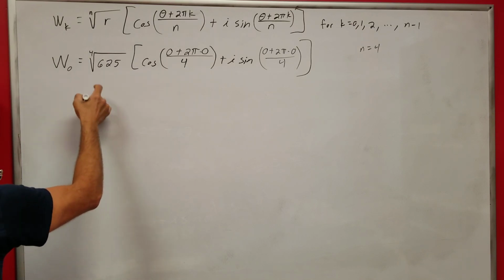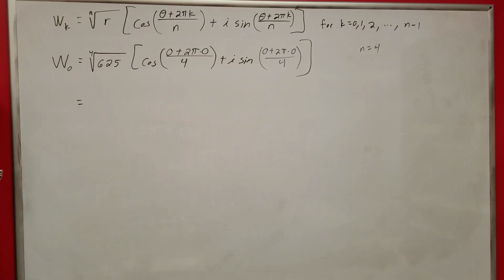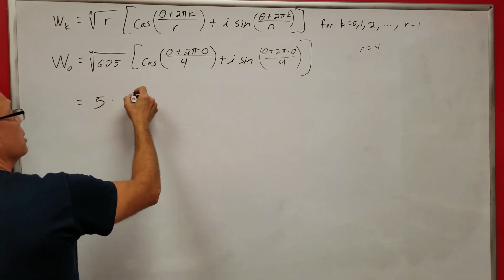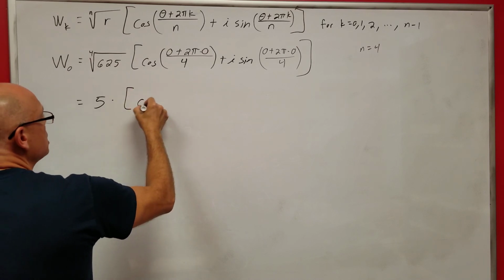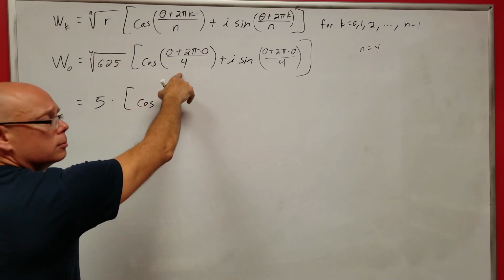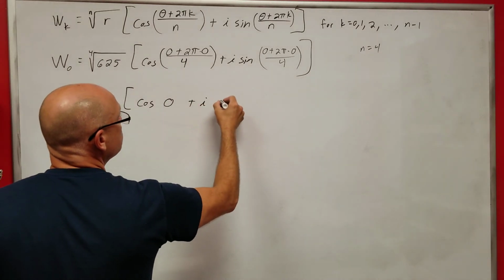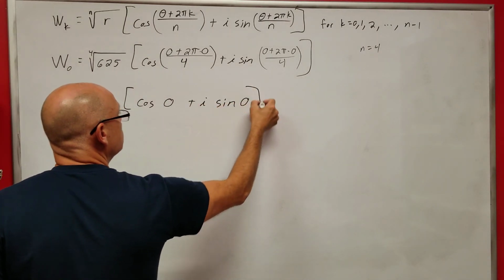All right, so what does this give me? What's the fourth root of 625? What did I get earlier when I did that? 5. So 5 times the cosine of 0 plus i times the sine of 0.